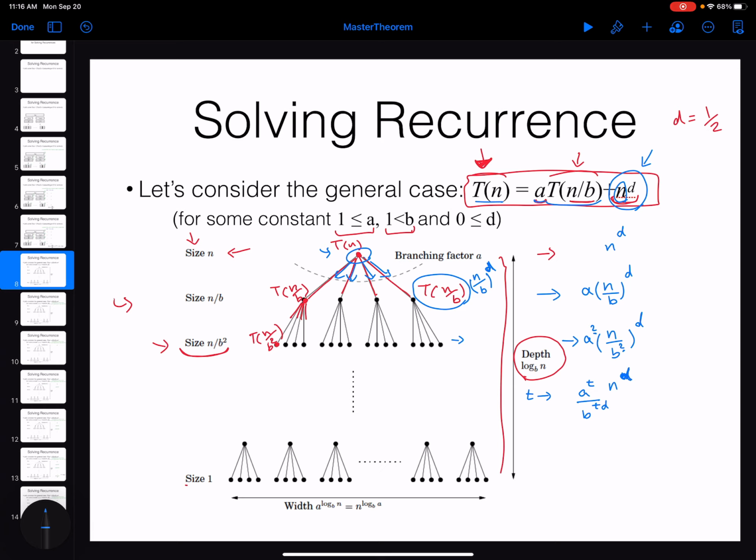So the full formula is going to be something like this. The total cost at level t will be a to the power of t, n to the power of d divided by b to the power of td.